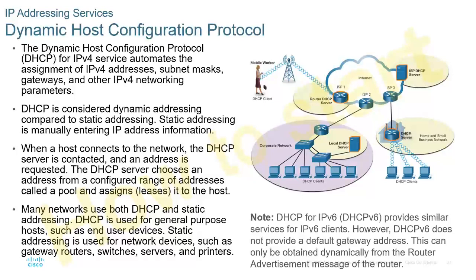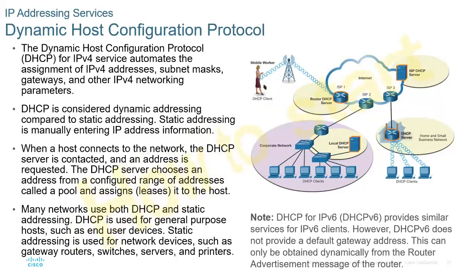One of the next major features of our infrastructure IP services is how do we get IP addresses to begin with? Two ways: manual configuration or dynamically. Dynamically actually uses a service called Dynamic Host Configuration Protocol, DHCP. What DHCP does is it leases addresses out of a pool of addresses that an administrator configures.